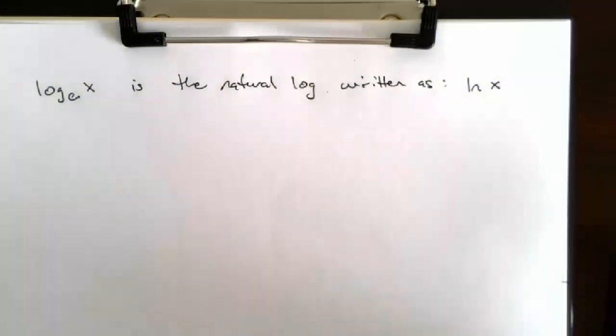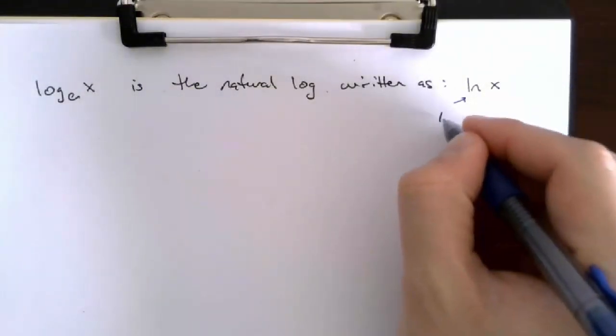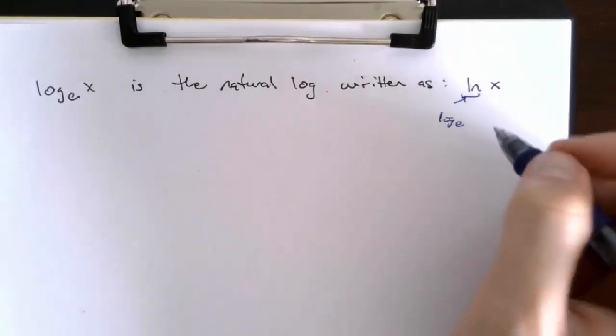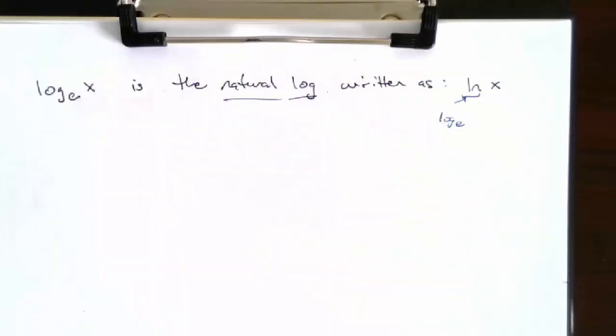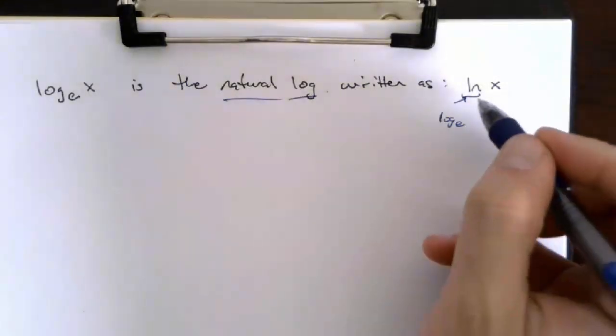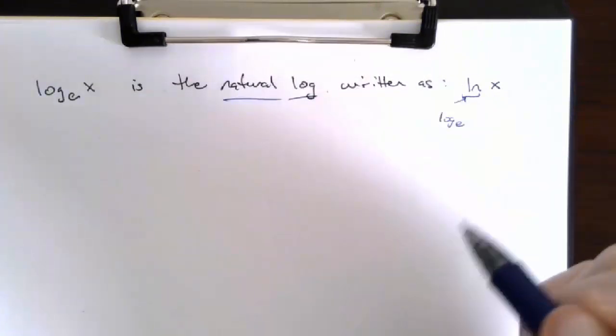So when I say ln of x, that ln stands for log base e. It's a shorthand way of writing it. So a natural log is what we call log base e. So make sure you know when you see ln, we're just saying the base of the log is e.